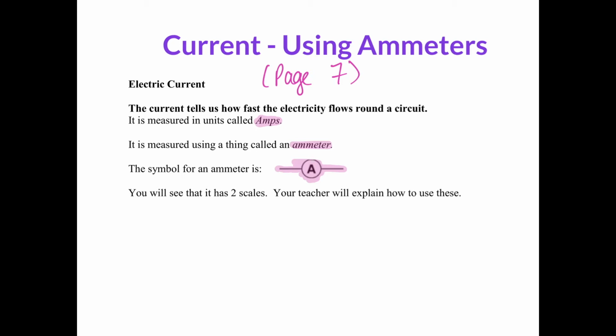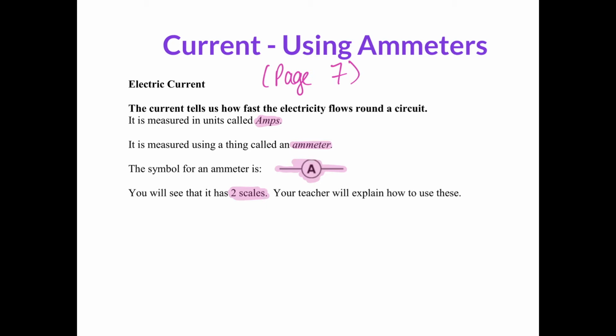An ammeter is always connected in series in a circuit, and it measures the current flowing around a circuit. The higher the value of current, in other words, the larger the number of amps flowing around our circuit, the larger the current. Most ammeters, particularly what we call analog ammeters, not digital ones, will have 2 scales.